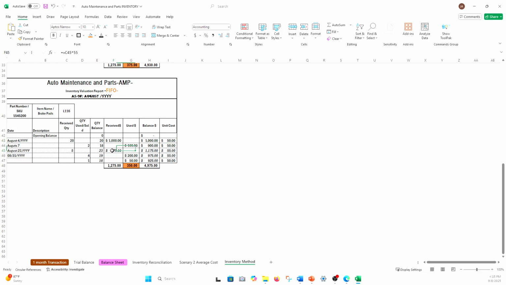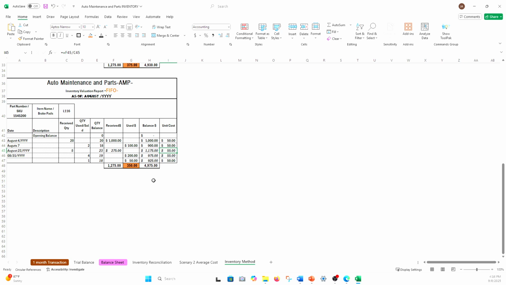As I explained, we purchased a few here at an average cost of 55. So from the 20, we sold 7. That means we have 13 from the 20 that has to be sold at $50. And when we finish with that part, we had to use the next purchase at $55.